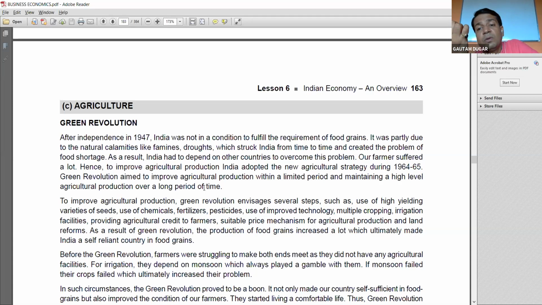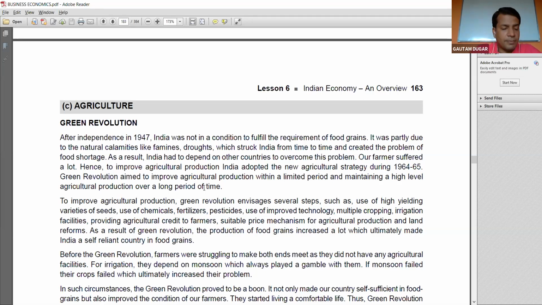Now, that opened the eyes of the government that there was a serious need to revamp the entire agricultural system of the country. Therefore, during the 1960s, the government launched the program of Green Revolution. In Hindi, it was called Hari Kranti.